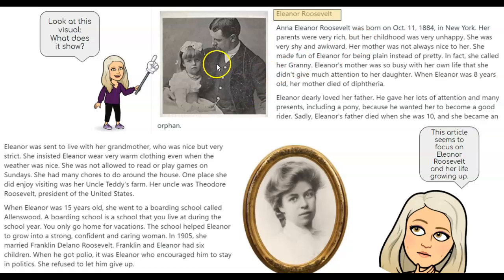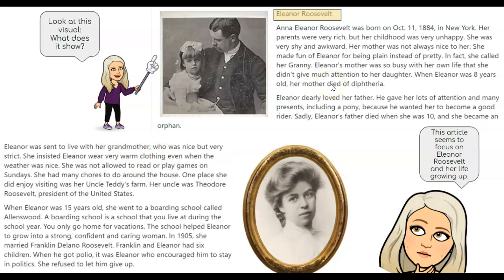And so this is Eleanor as a young girl. It talks about here, born October of 1884. It talks about her. Eleanor dearly loved her father. As we read about this, her grandmother.